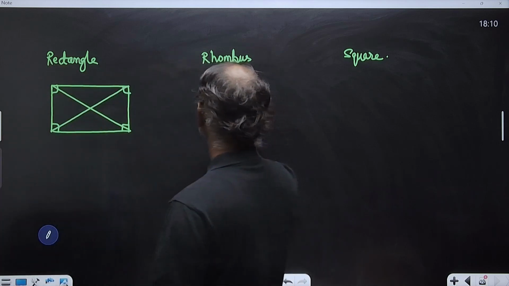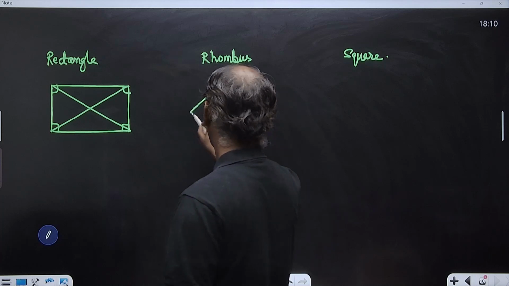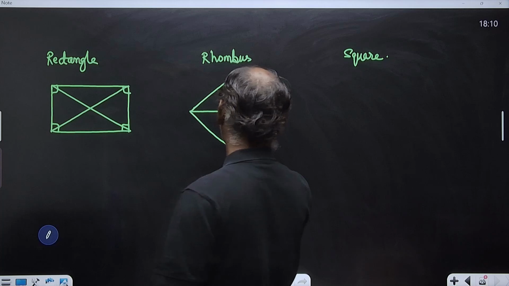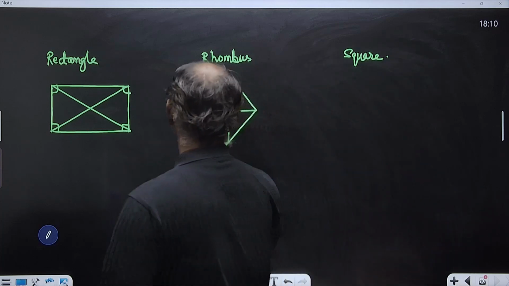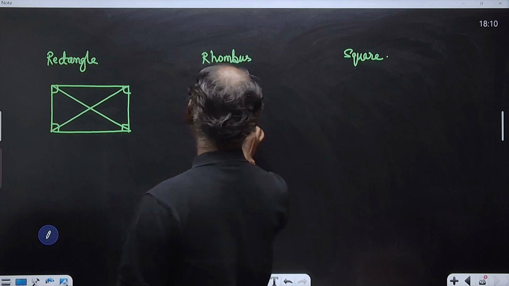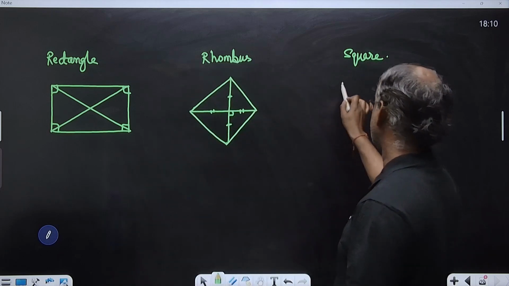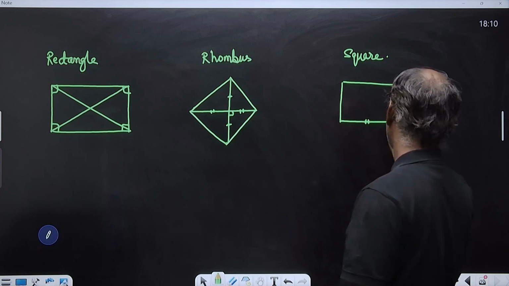In a rhombus, it is a parallelogram all whose sides are equal in length. So diagonals bisect each other at right angles. And in a square, all four sides are equal.